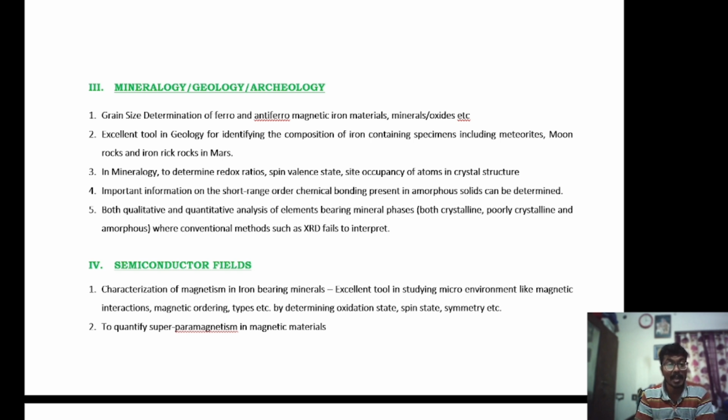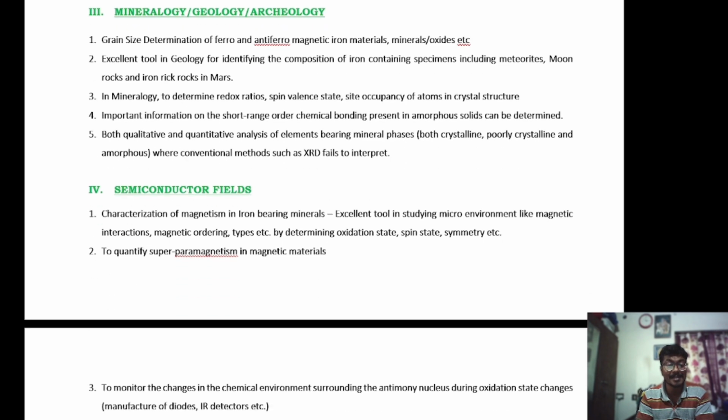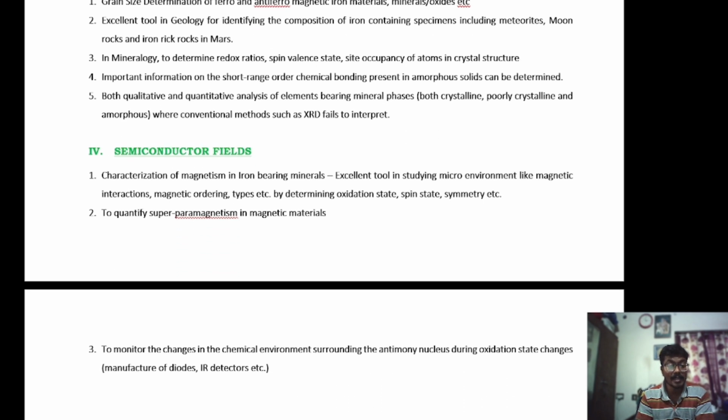In the case of alloy formation, in all these cases, understanding of microenvironment like magnetic property is very important. Then, to quantify superparamagnetism in magnetic materials. The third is to monitor the changes in the chemical environment surrounding the antimony nuclei during oxidation state changes, manufacture of diodes and infrared detectors, etc. These are the three main applications used in semiconductor fields.